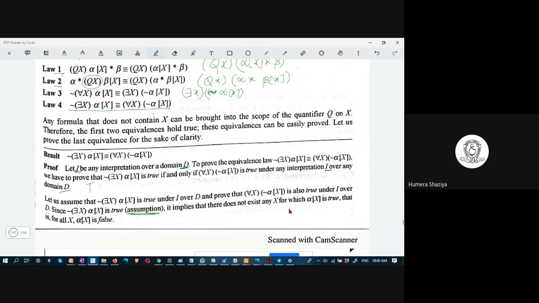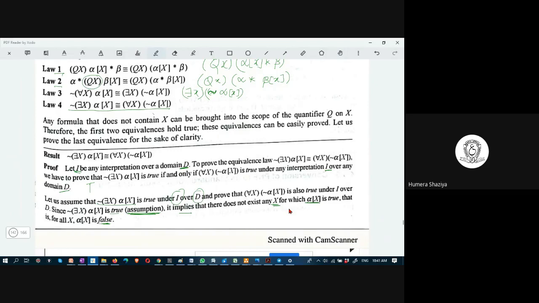We are assuming that for a particular domain, there is an interpretation of the formula, and it is assumed to be true, which implies that there does not exist any x for which alpha of x is true. That is, for all x, alpha of x is false.